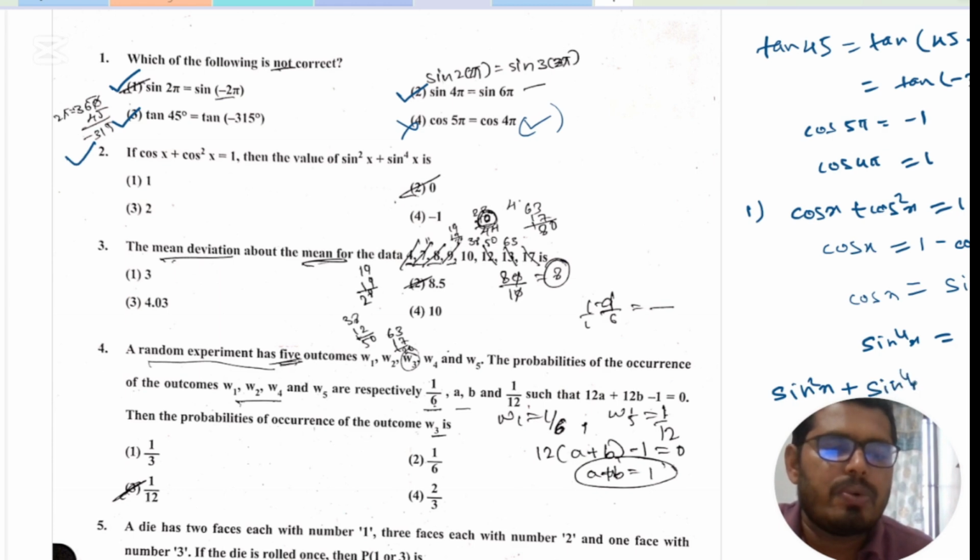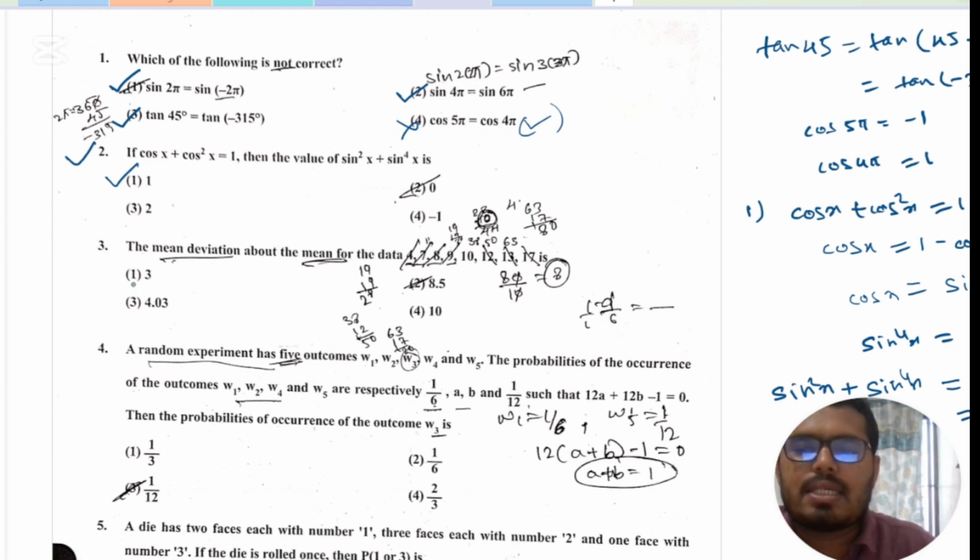Sin square x is cos x and sin raised to 4x is cos square x. That is equal to, they have given you, 1. Therefore sin square x plus sin raised to 4x is equal to 1. Therefore option number first is correct.